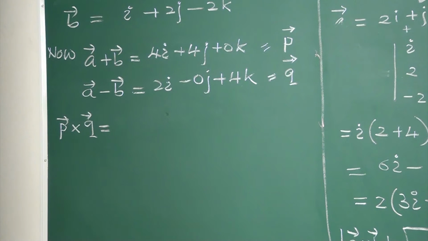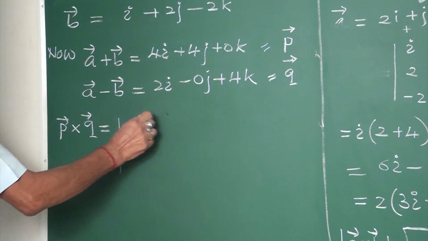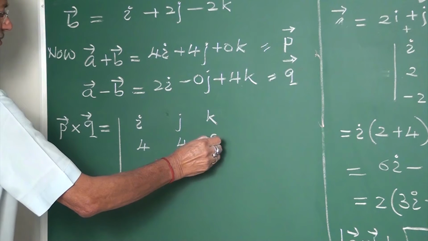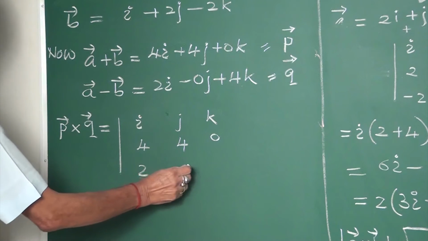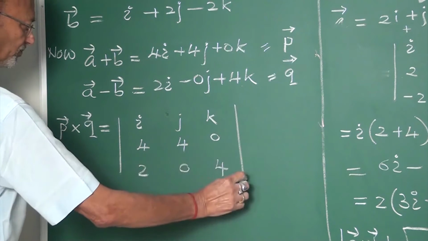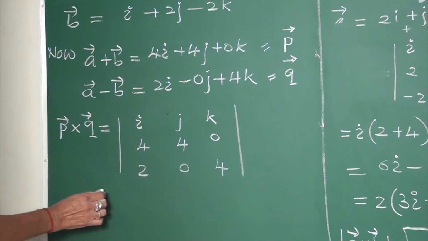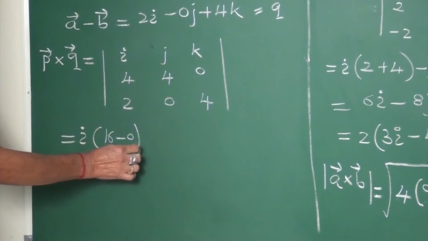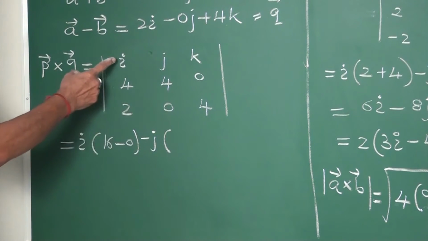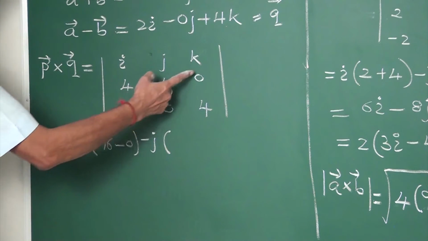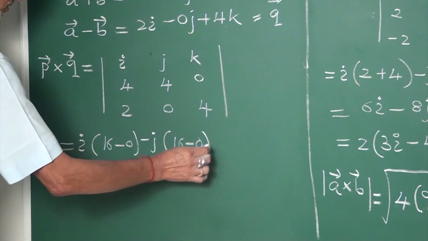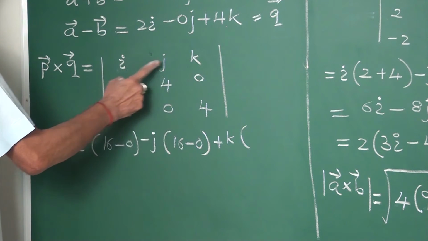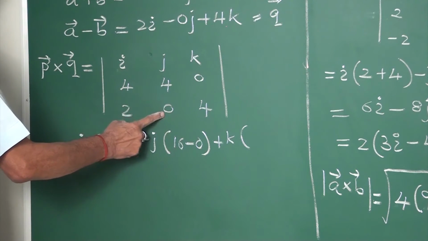P cross q. Yes. It is a determinant: i, j, k, components 4, 4, 0, and this is 2, 0, 4, equal to i into first row, first column: 16 minus 0, minus j into first row, first column, again it is 16 minus 0, plus k, k means you have to leave the elements of the first row, third column: this is 0 minus 8.